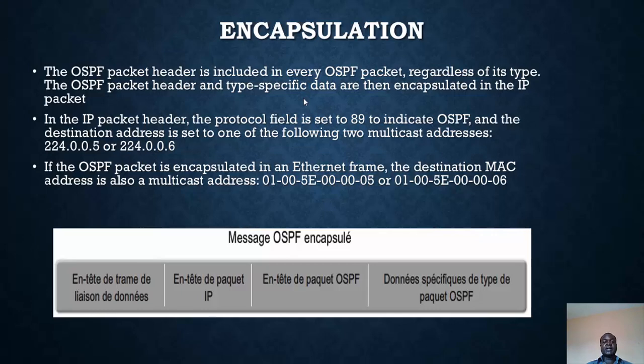In the IP packet header, the protocol field is set to 89 to indicate Open Shortest Path First, and the destination address is set to one of the multicast addresses, 224.0.0.5 or 224.0.0.6. If Open Shortest Path First is encapsulated in an Ethernet frame, the destination MAC address is also a multicast address, as follows.